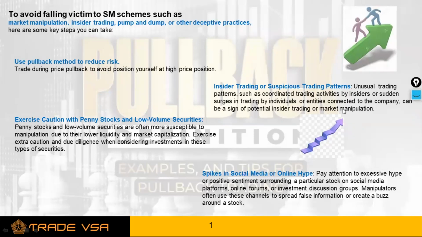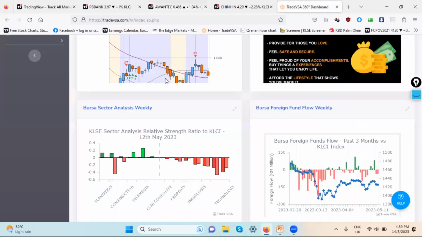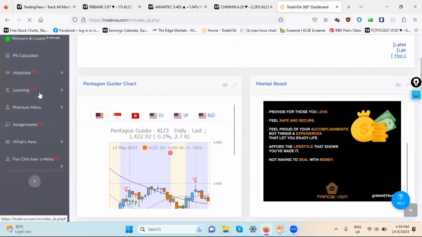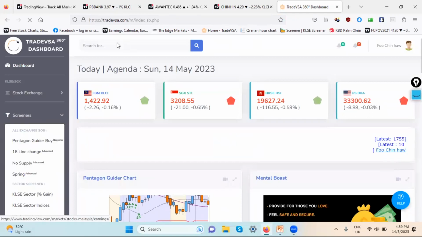This is one thing I want to focus on more this time, to correlate, because now on the 360 dashboard, when you select a stock, there will be, okay, in this example I select PJ Bumi.